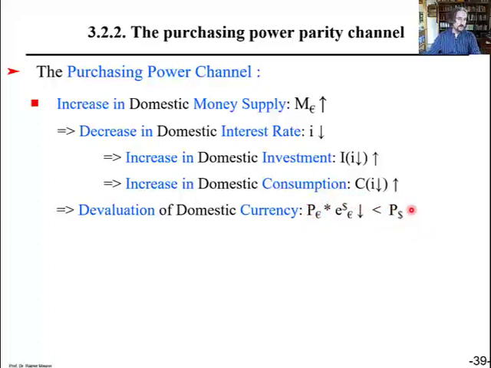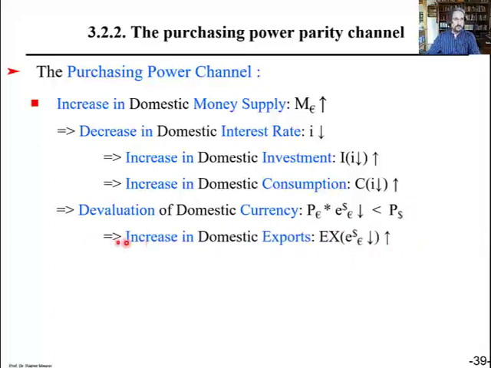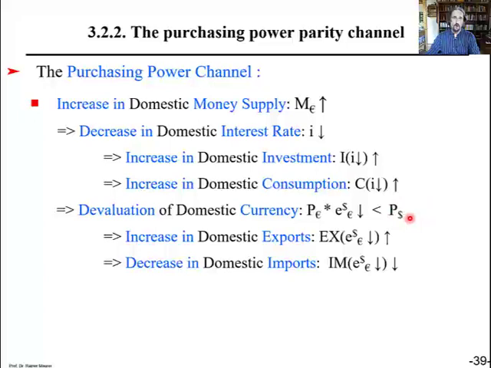As a result, domestic goods are cheaper than foreign goods. This causes additional demand for domestic exports, so domestic exports get larger, and at the same time a decrease in domestic imports, since goods in other currency areas are now more expensive for domestic consumers given the depreciation of the domestic currency.